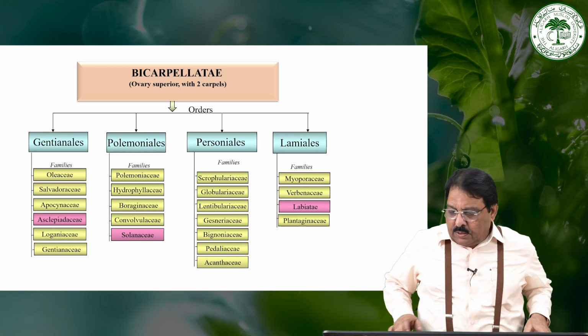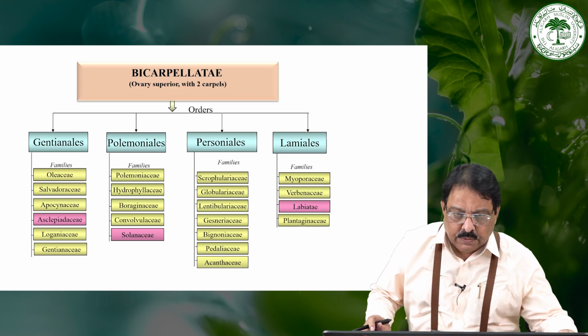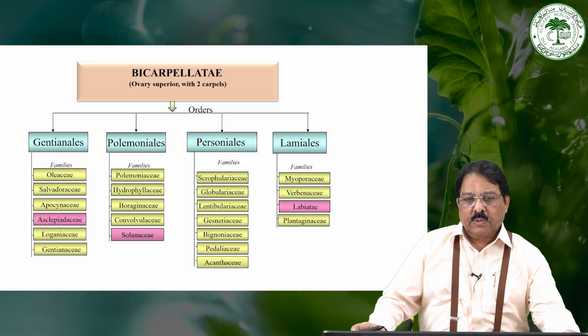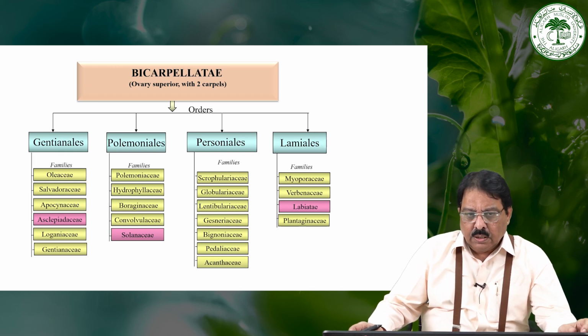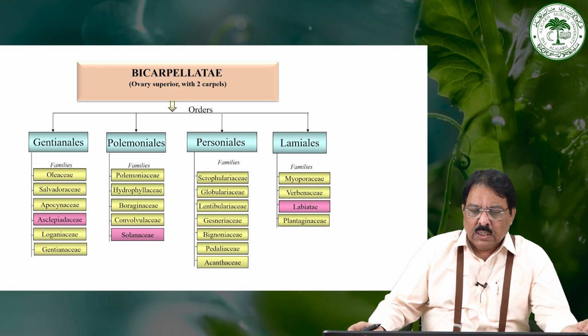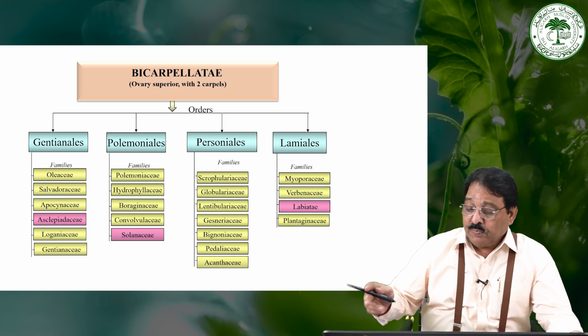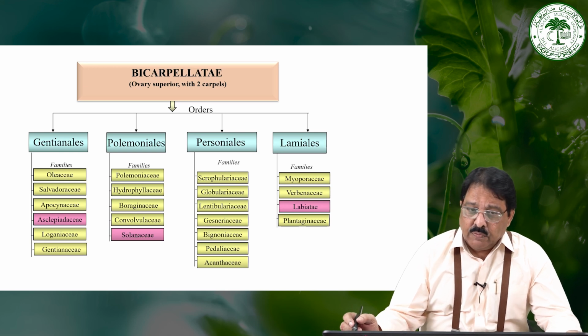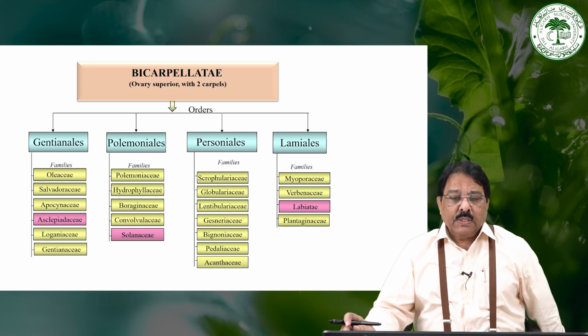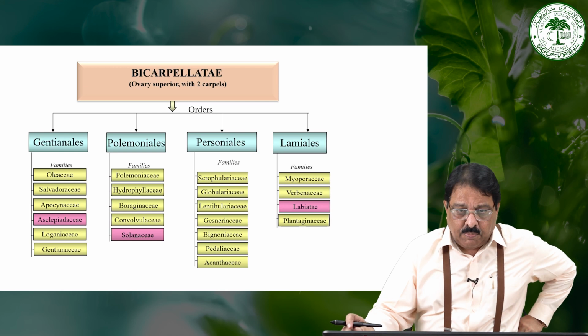In case of the Solanaceae, the members can be identified very easily on the basis of 2 or 3 natural characters which can easily be seen in the plant. First of all, you have to observe what type of calyx is present.